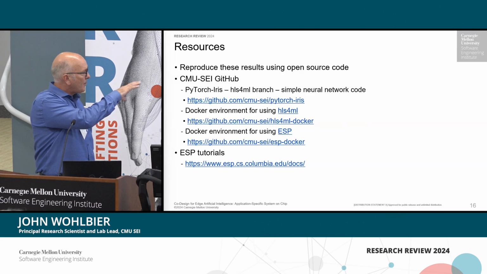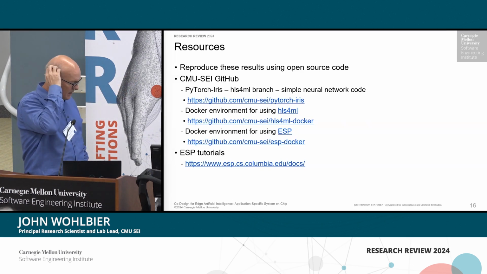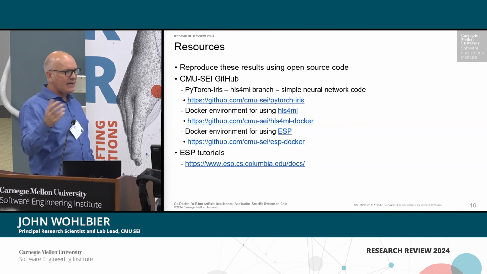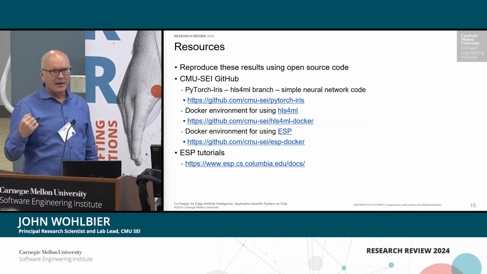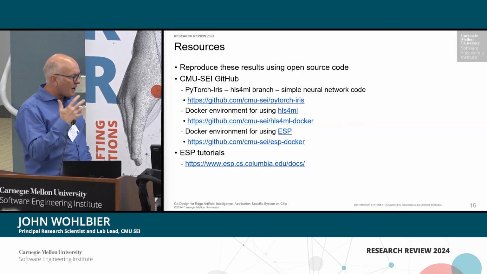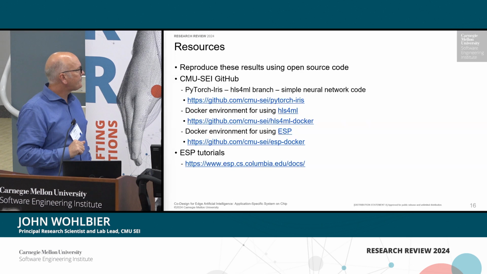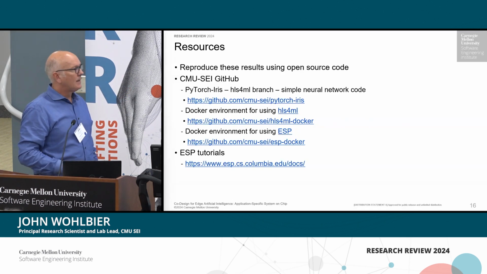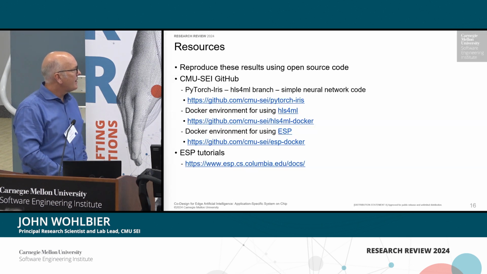There are a couple of different Docker environments, but anytime we want to share anything with campus, this is the method. We can't take the code that we got from APL and give it to campus. It's controlled. So we have to come up with proxies and all these kinds of things. In principle, you can reproduce all this work yourself. Let me know if you try and if you need any help.